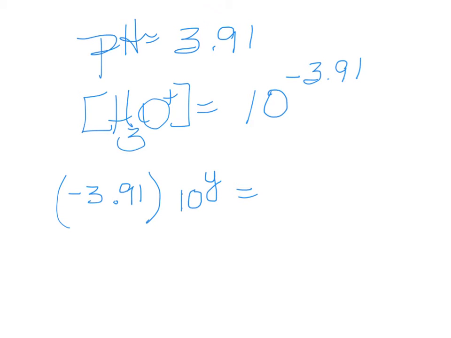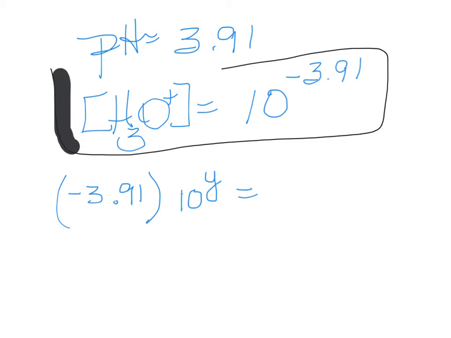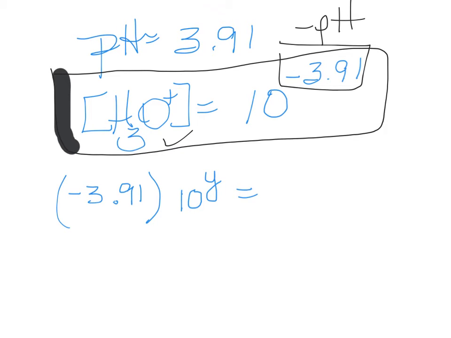The formula you need to remember to get the concentration of hydronium ion from pH is: hydronium ion equals 10 raised to the minus pH. When I plug that into my calculator, I have to enter the minus 3.91 first and then press the 10 to the Y key.